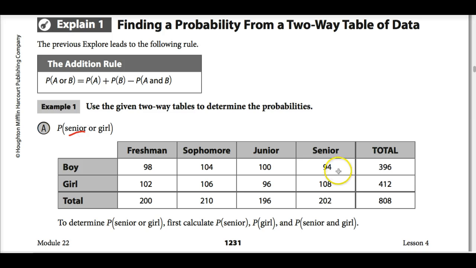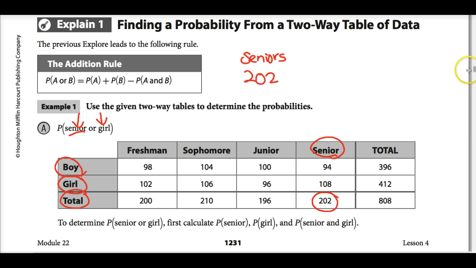How many seniors do we have? How many boys are seniors? 94. How many girls are seniors? 108. So total seniors, how many do I have? So I have 202 seniors, okay? So I need to find out how many we have for all the seniors and how many we have for girls.